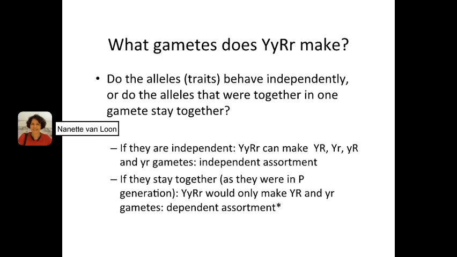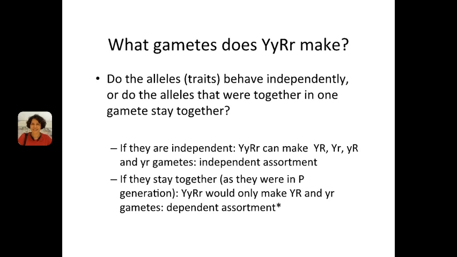As soon as you start to look at two characteristics at the same time, a very valid question arises: do the combinations of alleles that we see in the gametes of the parents have to be the same combinations that are already present in the parents, or can the alleles of the two different genes assort independently from each other?